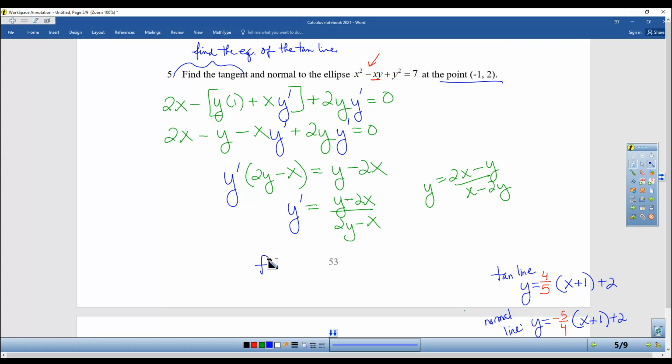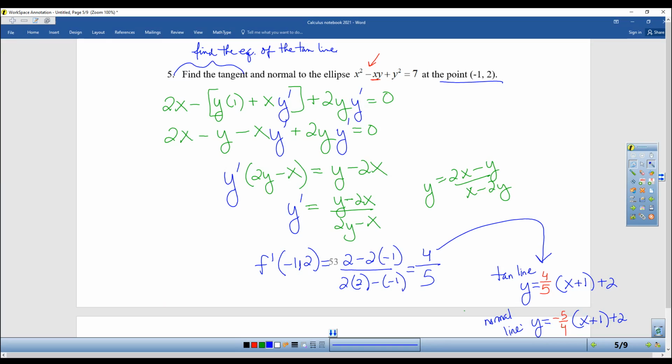I'm going to switch my notation to f prime, but I need 1 point. I need the x and the y, where a lot of times you just plug the x in there. So that's going to be 2 minus 2 times negative 1 over 2 times 2 minus a negative 1, which gives me 2 plus 2 is 4, and 4 plus 1 is 5, which is the number that I put right in there.